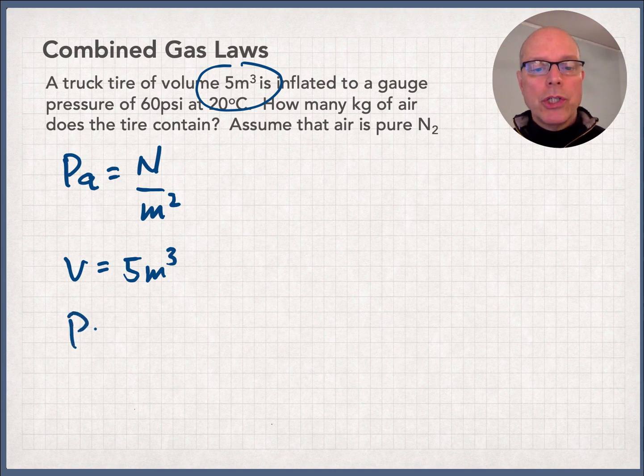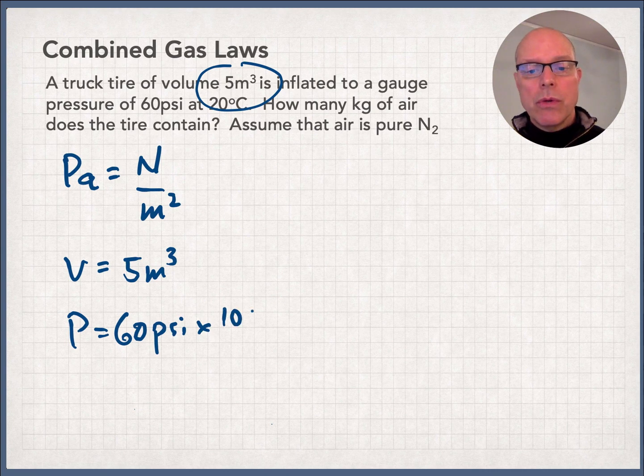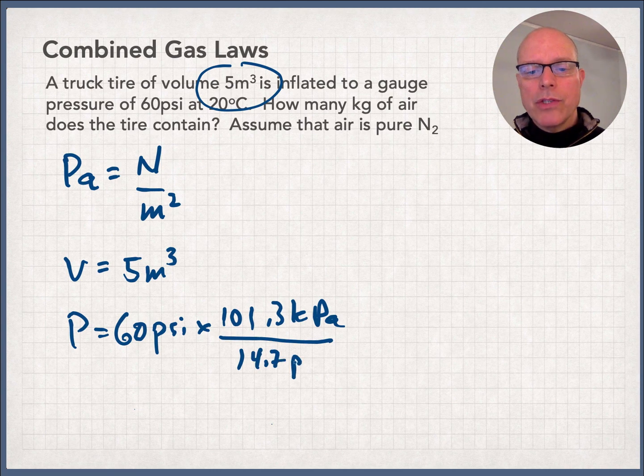So what you'll see me do in this example is just do a little bit of converting. So the pressure they give us is 60 psi. And what I'm going to do is do a little converting here to get over towards pascals. So I know that atmospheric pressure is 101.3 kilopascals, and that's equal to 14.7 psi.